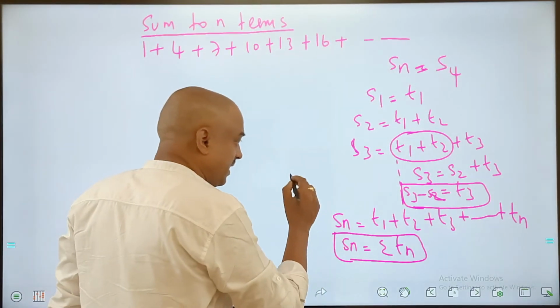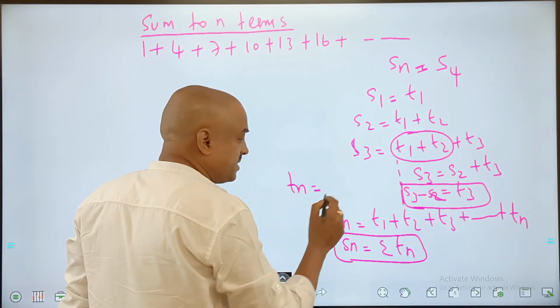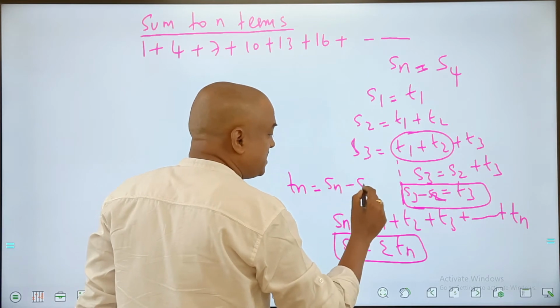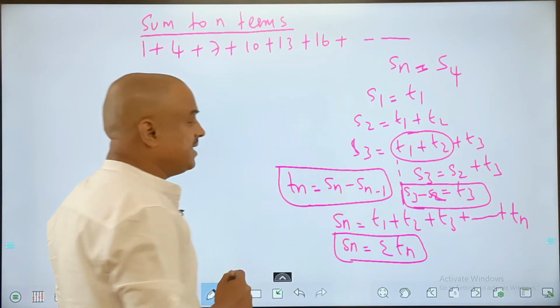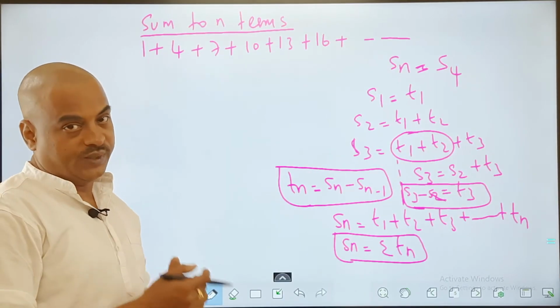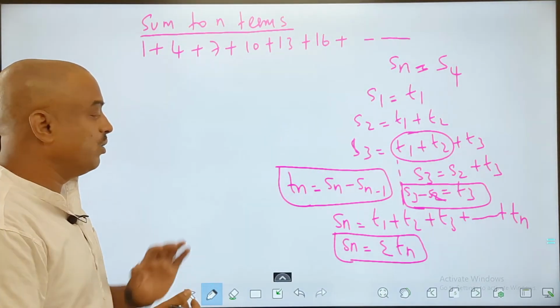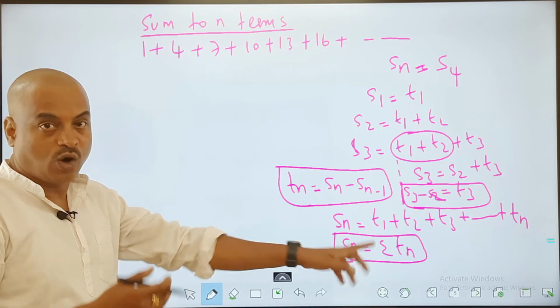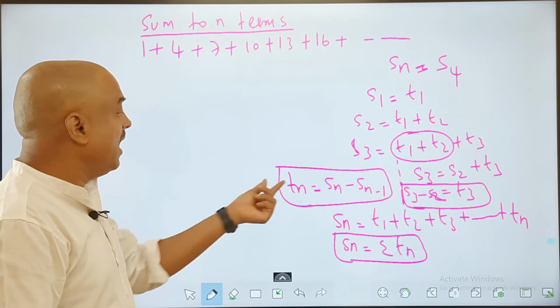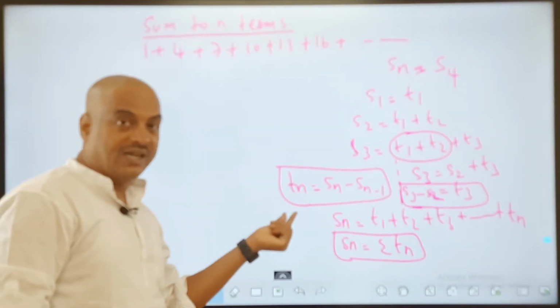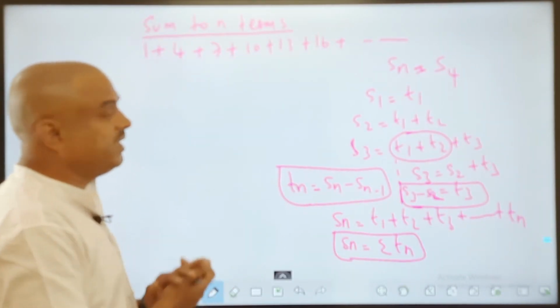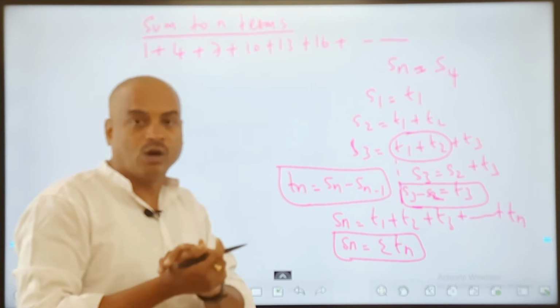Or else I'll take general Tn as Sn minus Sn minus 1, we can say here. Now how to find out Tn in case I know Sn? We can use all these concepts while doing examples, we'll get a lot of ideas.